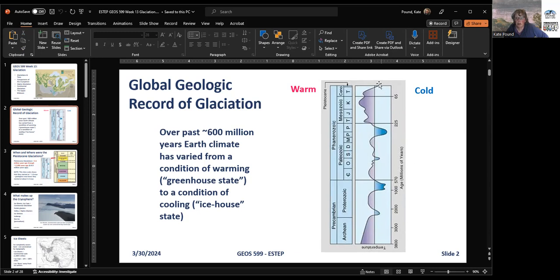Oh, I missed the Pleistocene. 1, 2, 3, 4, 5 major glaciations. And that's these peaks shown in blue. And there are also some very significant warm periods.